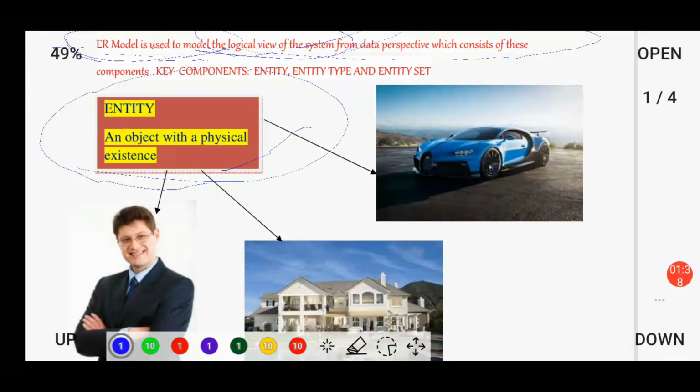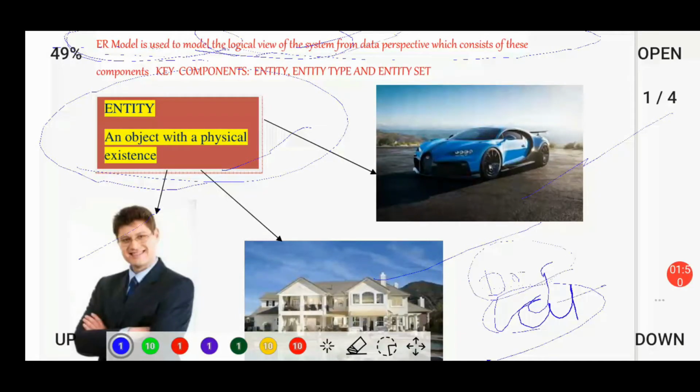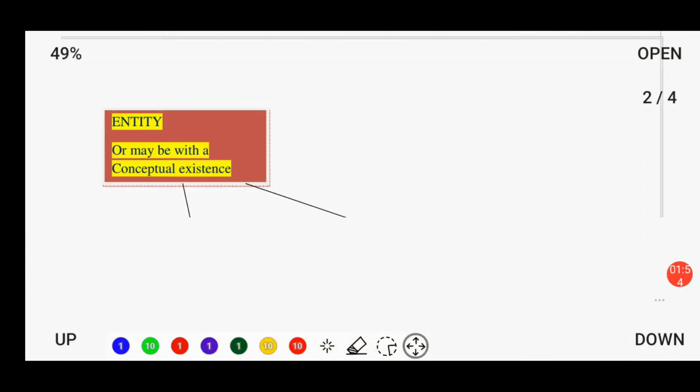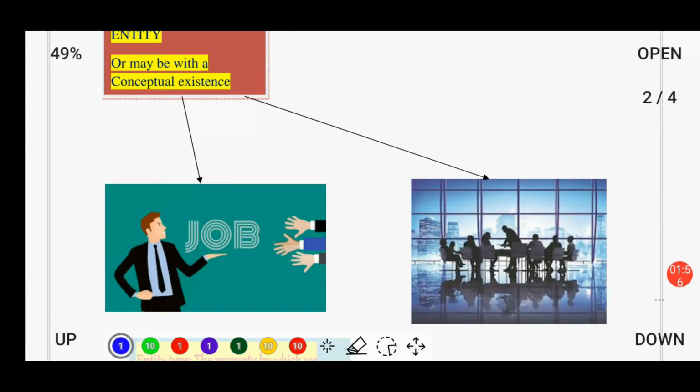An entity is an object, either with a physical existence, such as a person, a house, a car, a dog, a cat, or any other object present in the physical world. It might also have a conceptual existence, such as a job, which can't be felt physically but its effect is there.